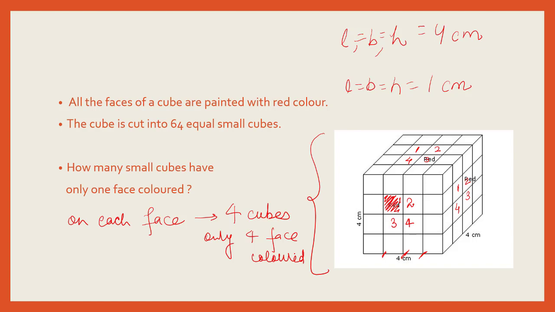So now we know that one cube has 6 faces. So the total number of cubes which have only one face colored would be 6 into 4, 24. So in all, out of these 64 smaller cubes, there would be 24 small cubes which have only one face colored. There is a formula also, there is a direct formula for this that I'll share in some later sessions.